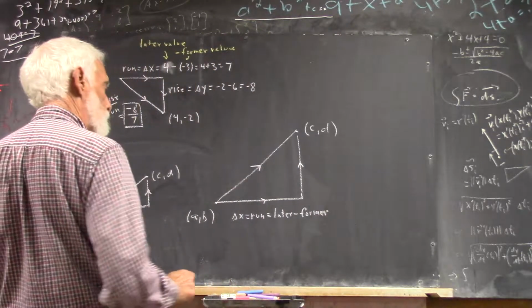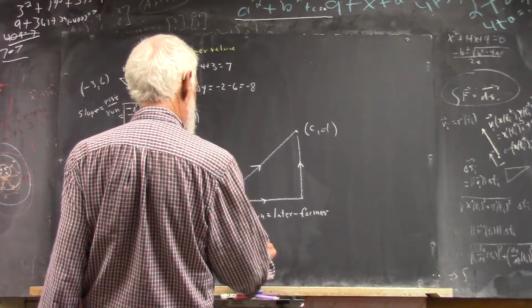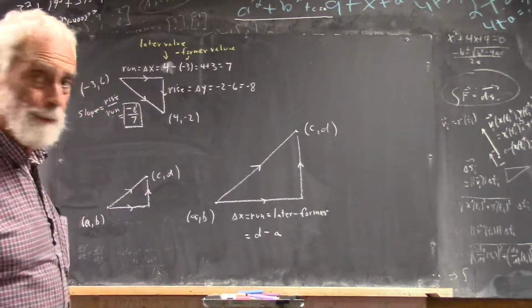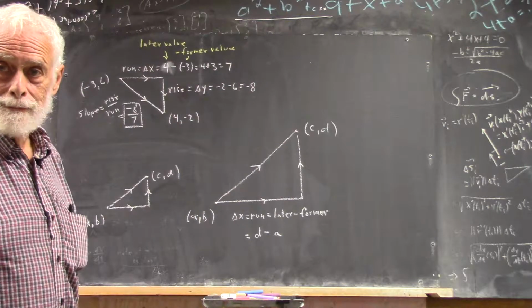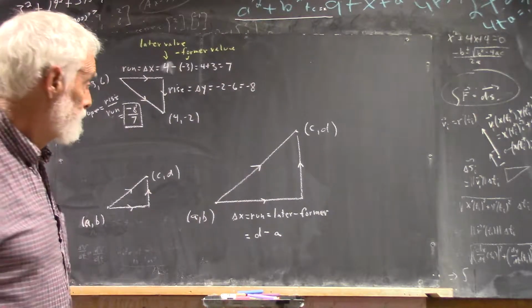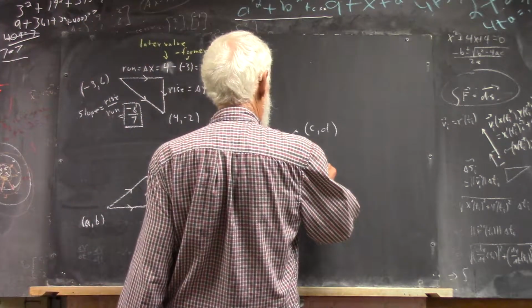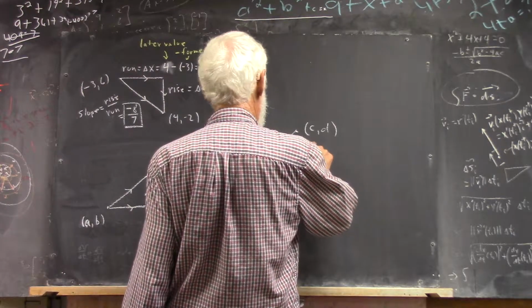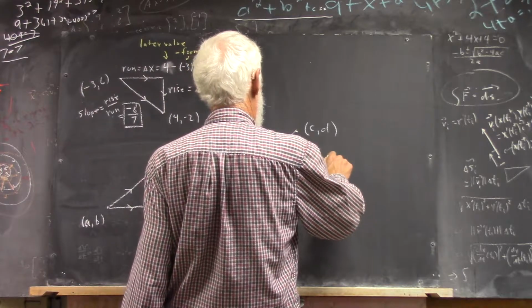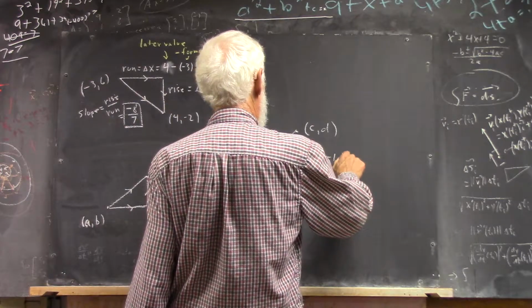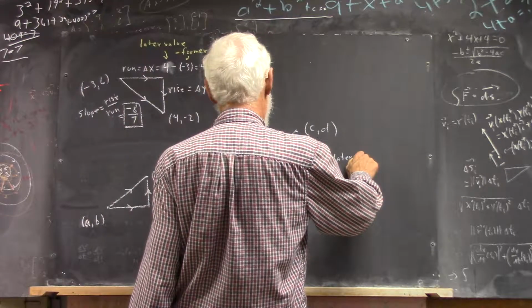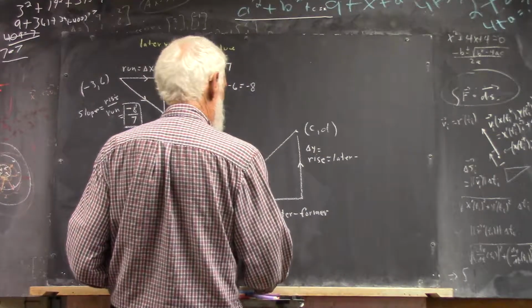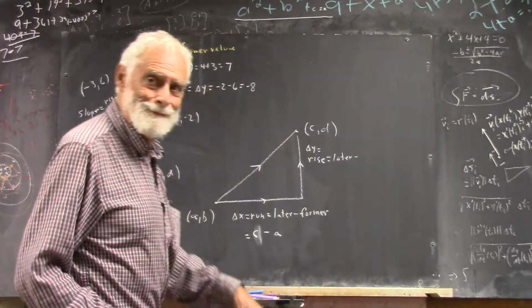Later minus former equals B minus A. And then rise. And it's not D minus A, it's C minus A. When I went later, I went too late. Sorry.